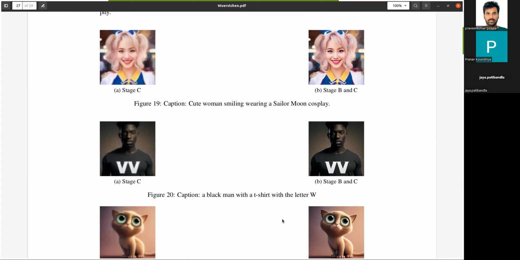Instead of 1 is to 4, if it is doing 1 is to 16 there itself, then stage-wise might be helpful. But that is a bit of empirical work we have to do. Analytically, it is a bit of a challenge to say. Yeah, thanks, Pranav.